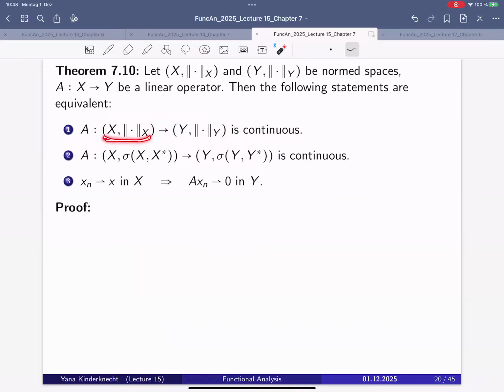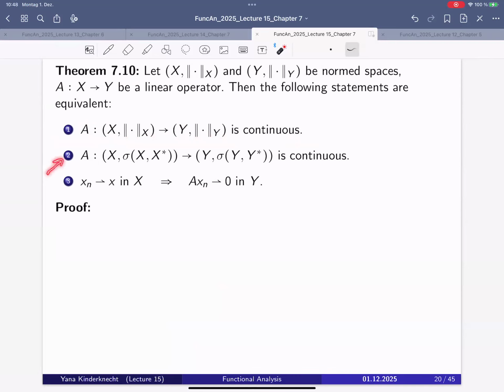If we have a normed space, we have a topology generated by the norm here and here. So this is a mapping of two topological vector spaces, and then continuity is defined. For example, a mapping is continuous by definition if the preimage of any open set here is open here. Okay, so continuous in this sense.